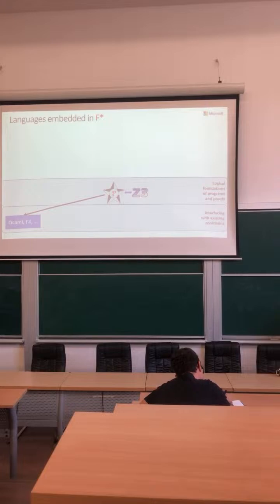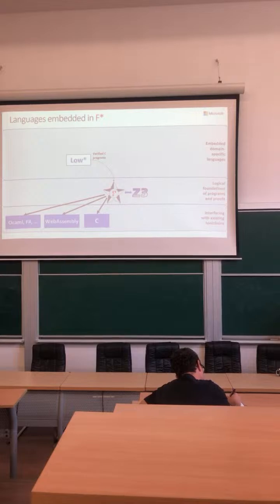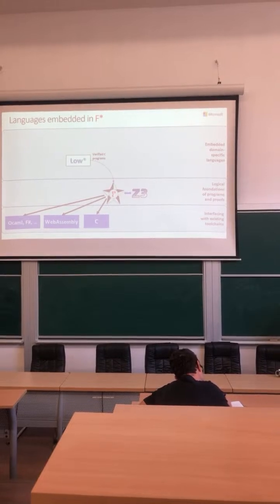It can also compile to OCaml and to C. If you're targeting C in particular, it contains a sublanguage that we call Low*, where the code looks like C but has semantics in terms of F*. Since it looks like C, there's also a corresponding compiler to C.